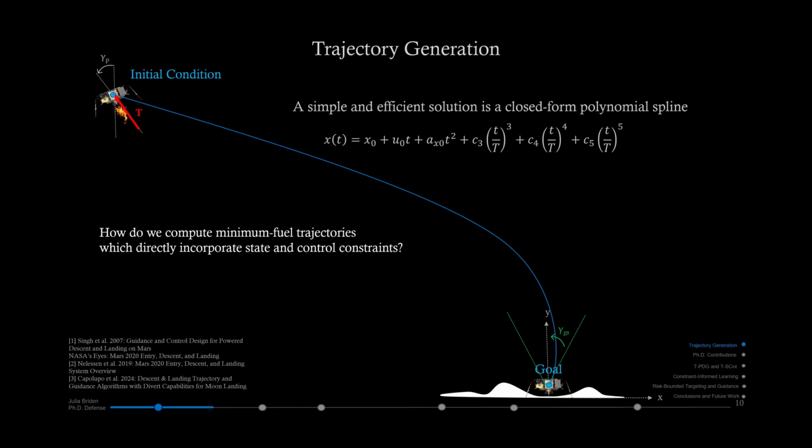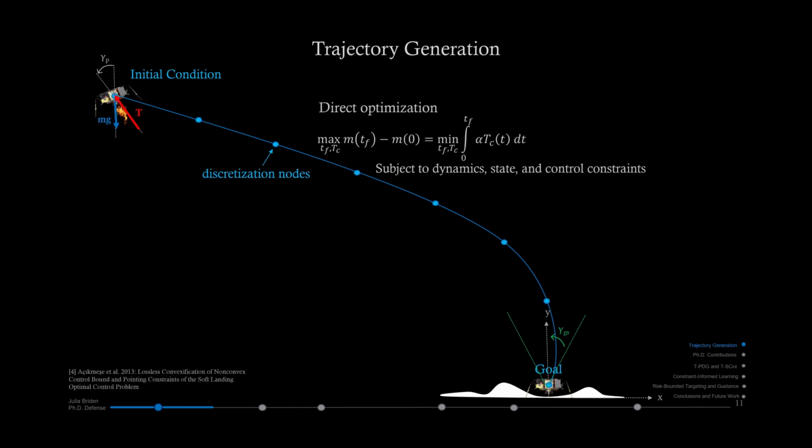So if we want to be able to incorporate generalized constraints on our state and control, so for example, the glide slope constraint shown in green, or maybe a pointing angle constraint shown in gray, then we want to use a direct optimization-based process. So this can be either maximizing our final mass or minimizing our fuel consumption, subject to a set of dynamic state and control constraints.